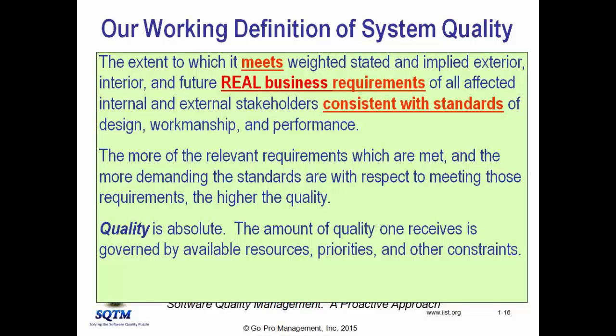So the quality is determined from an engineering perspective. How much of that quality you actually get is going to be governed by your available resources, other constraints, and your priorities.